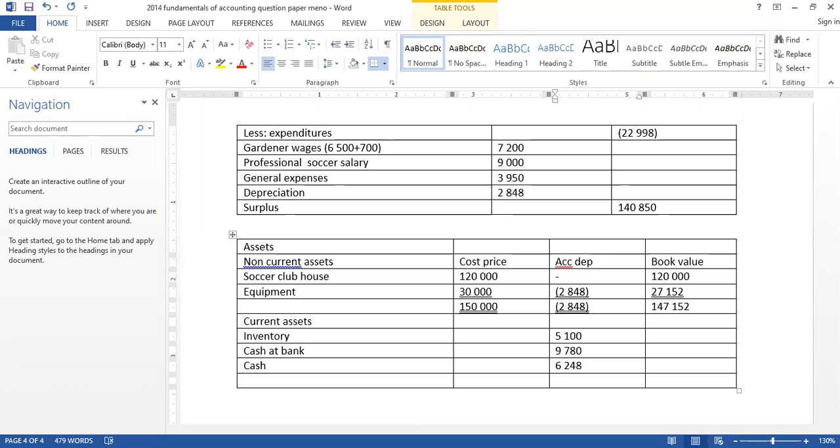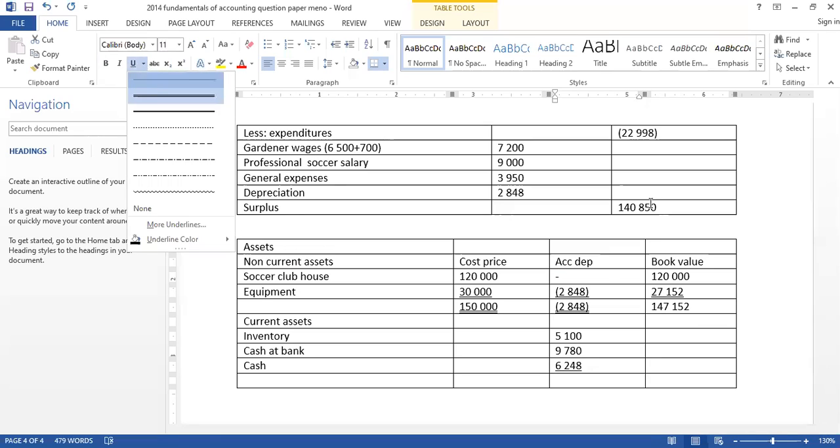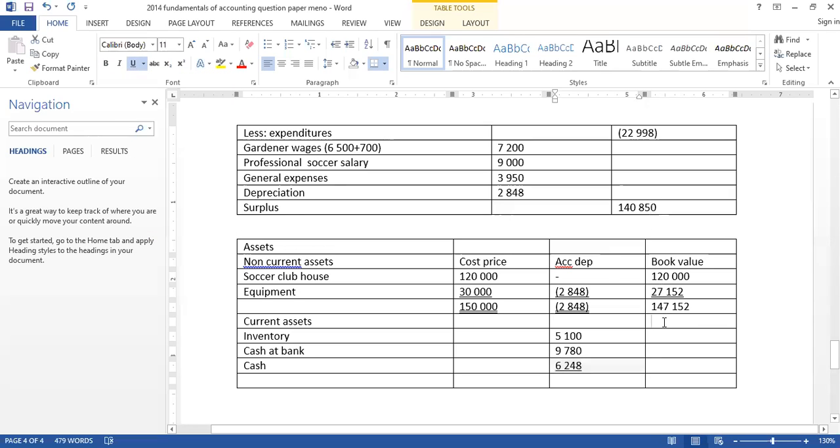Now looking at this, we do not have any other current assets, and therefore we add our current assets together, then we record the amount here. So how much do we have as our total current assets? 21,128.